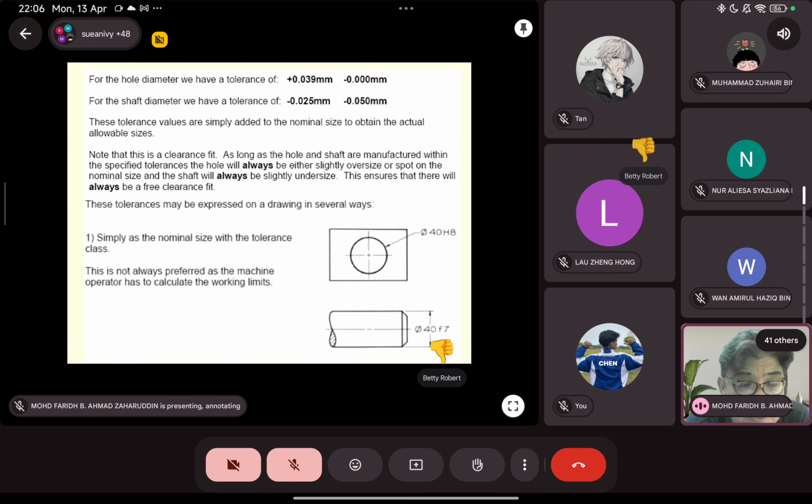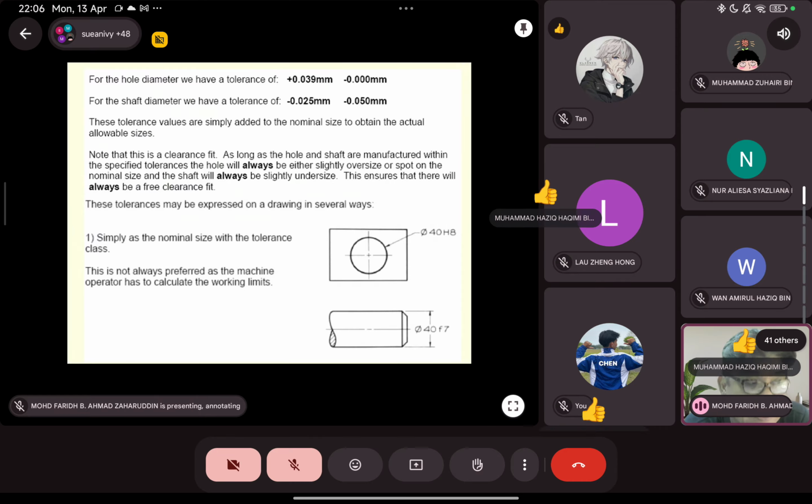Betty, Robert, do you have a class or what? Betty, do you have a class? Doctor, tomorrow after 2 o'clock, probably most of us don't have class because of the COQ session. Oh, COQ. Yes. So is it possible to have it at night, 8 o'clock? Okay?